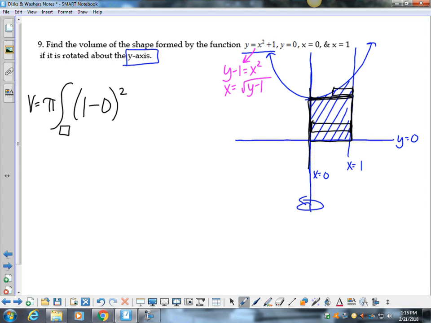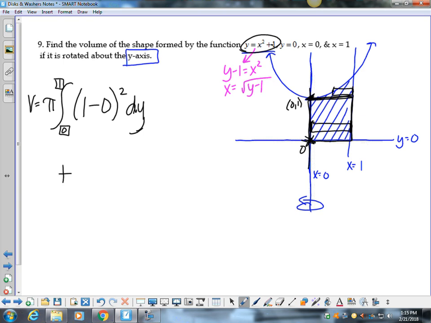Okay, now I need my y's. So from here to here. So what I need to know is where is this when x is 0? So if you plug a 0 in here, you're going to get a 1. So I know that point is 0, 1. So I'm going to go from 0 to 1. dy, because I'm a horizontal slice.